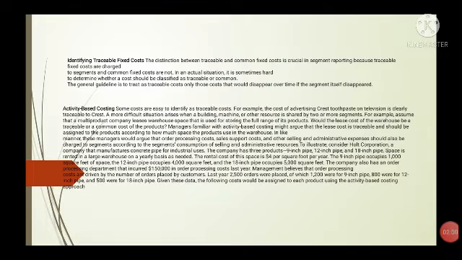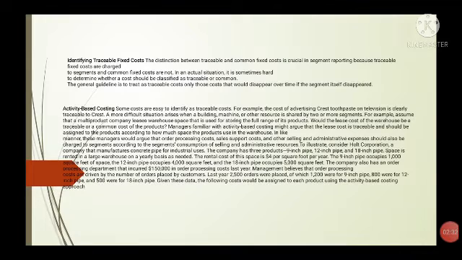The distinction between traceable and common fixed cost is crucial in segment reporting because traceable fixed costs are charged to segments and common fixed costs are not. In actual situations, it is sometimes hard to determine whether a cost should be classified as traceable or common. The general guideline is to treat as traceable only those costs that would disappear over time if the segment itself disappeared.